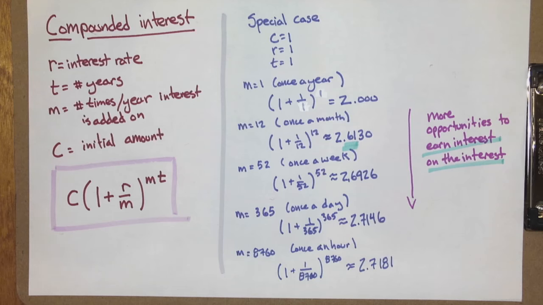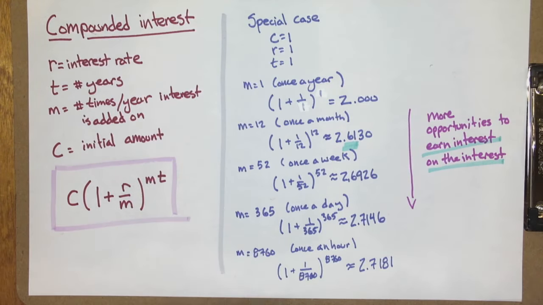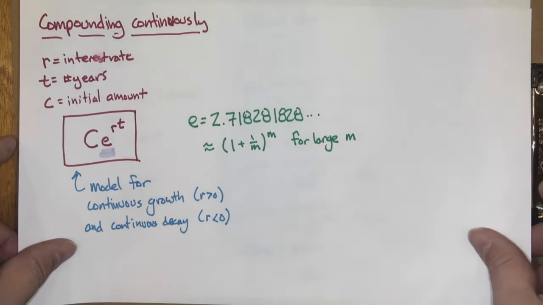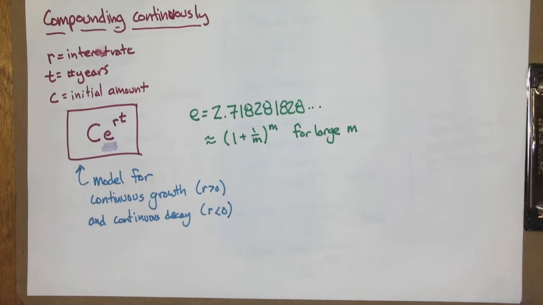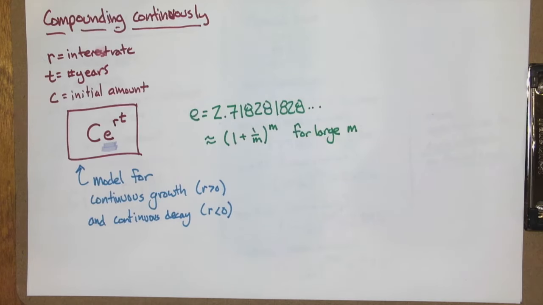And this helps solve a problem. We said, well, why stop? We should never stop. So instead of doing it in time increments, we'll do what's called compounding continuously. So you are always earning money. And if you looked at the numbers that we were writing, they were converging to this really cool number called E, 2.71828.